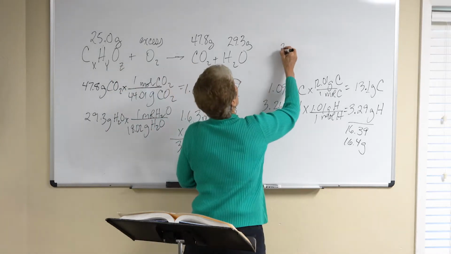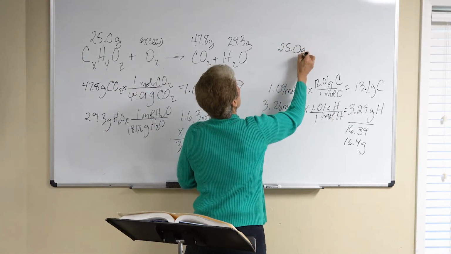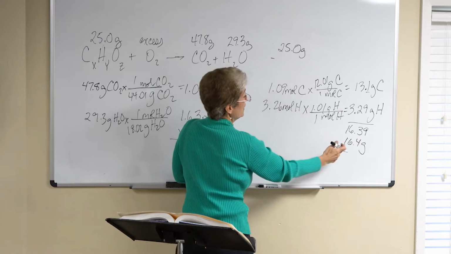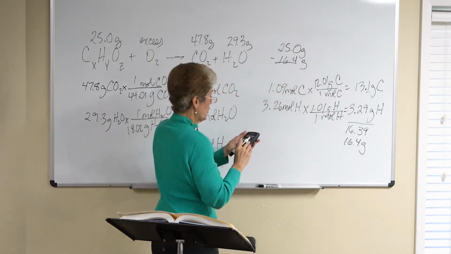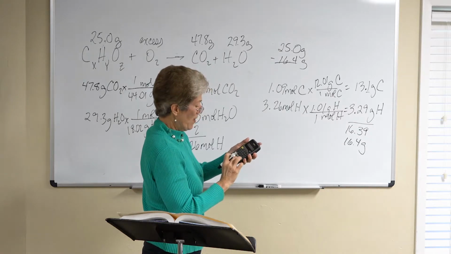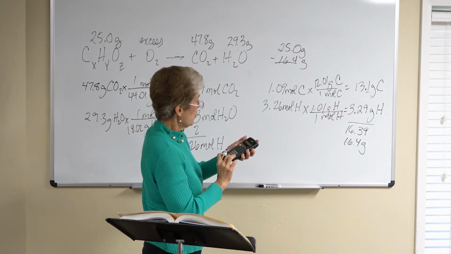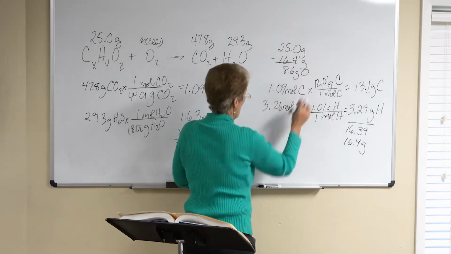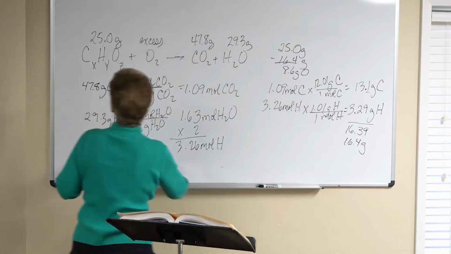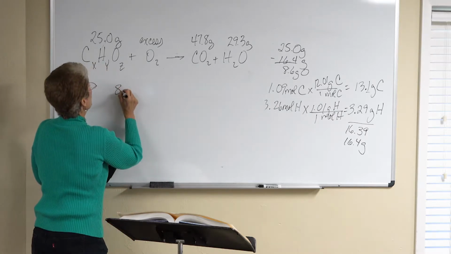We started with 25.0 grams, and we know that 16.4 grams of that is the carbon and hydrogen that makes it up. So 25 minus 16.4 equals 8.6 grams of oxygen.